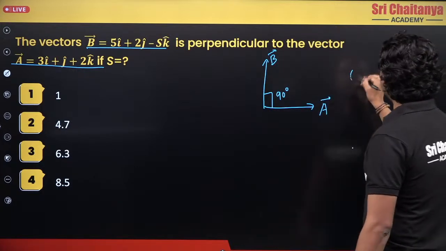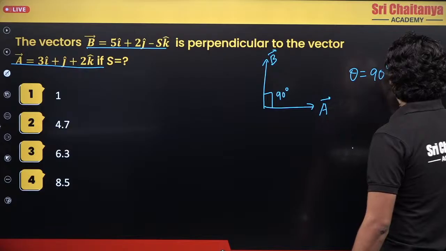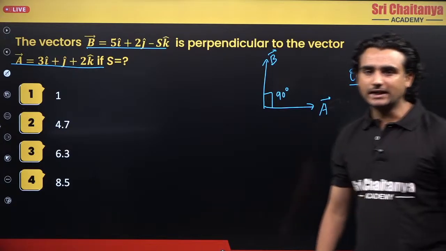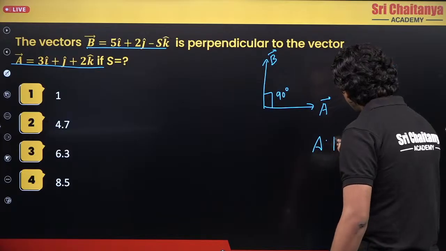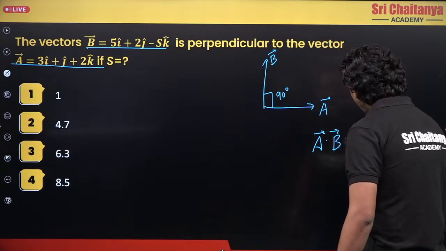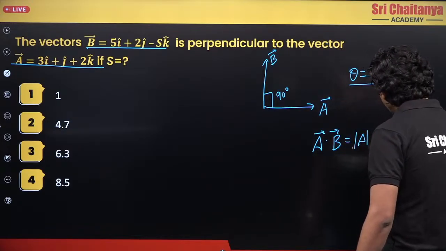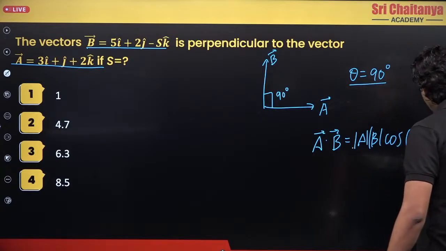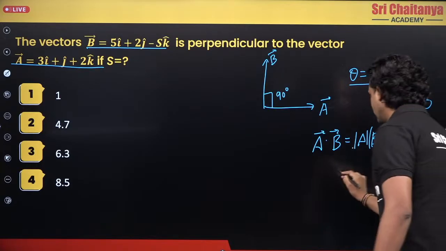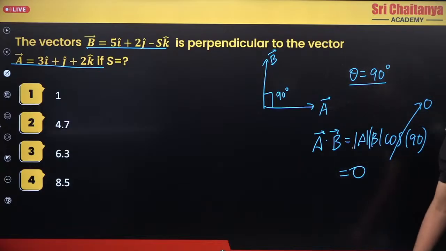I told you that if two vectors are perpendicular to each other, then the dot product is mod A mod B cos 90, and cos 90 is equal to 0. So that means the dot product will be equal to 0, correct.